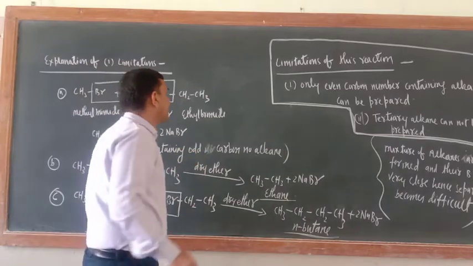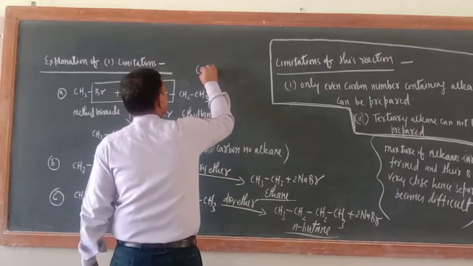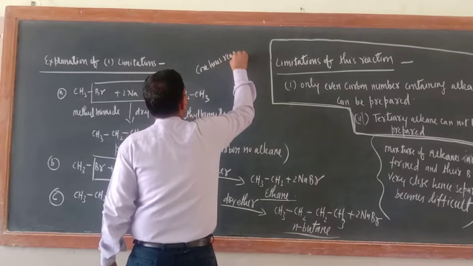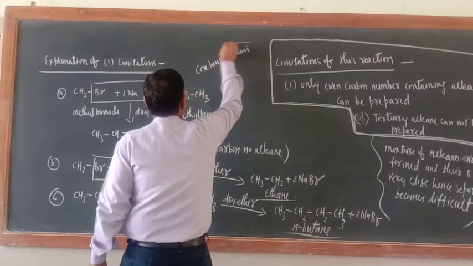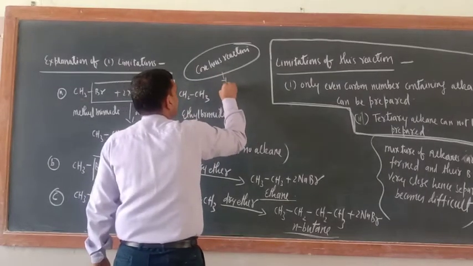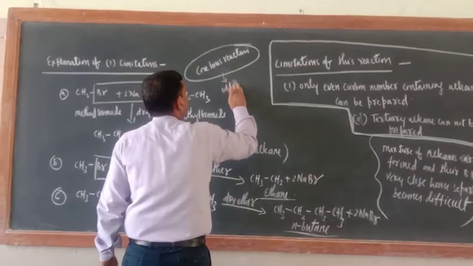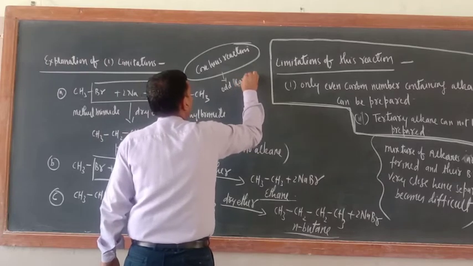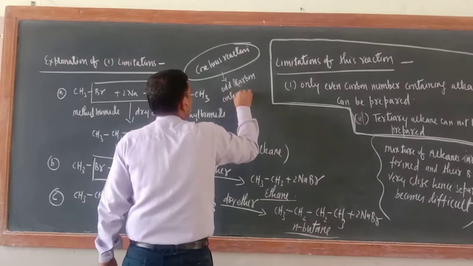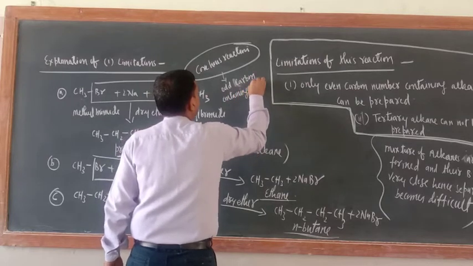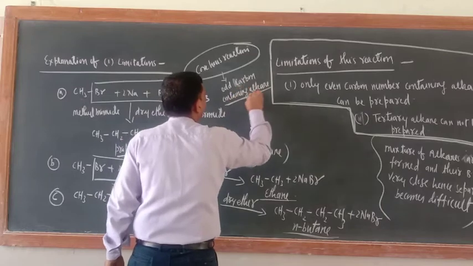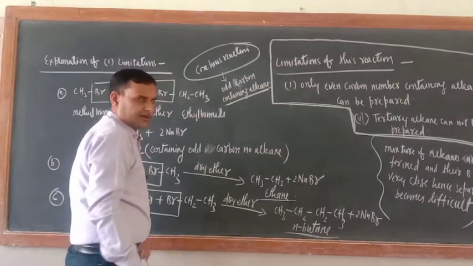There is one reaction, the Corey-House reaction. With the help of the Corey-House reaction, we can prepare odd carbon containing alkanes also.